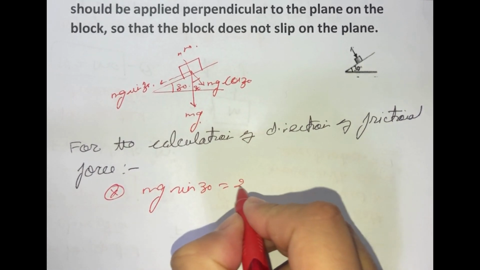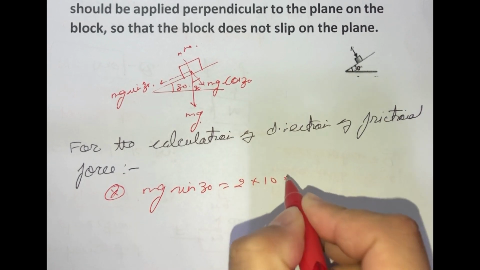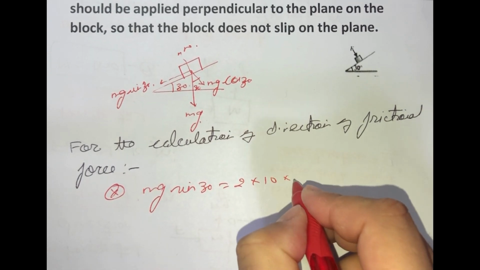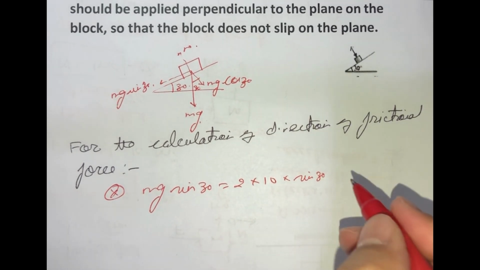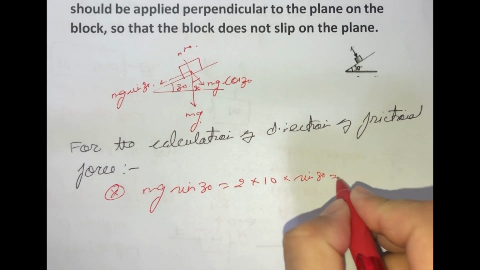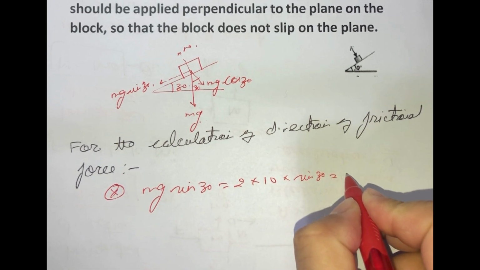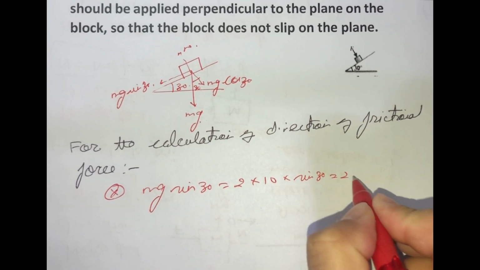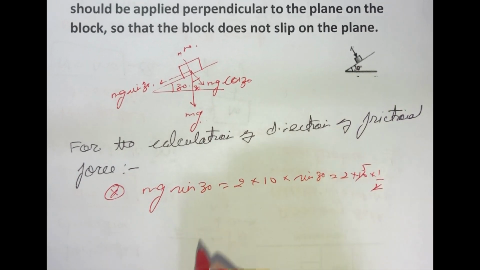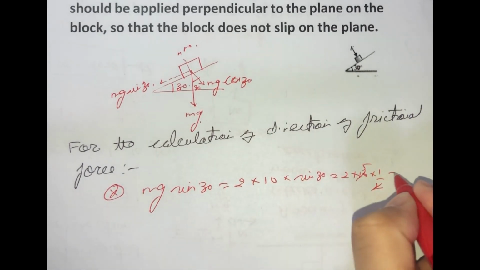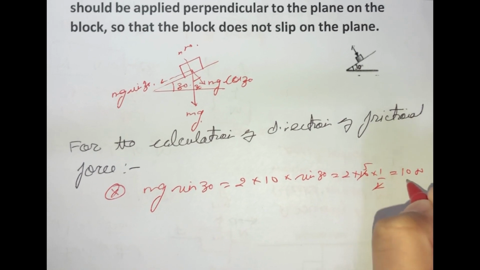Mass is given as 2, g is about 10, and sin of 30 is 1 by 2, so we get 2 into 10 multiplied by 1 by 2, so this comes as 10 Newton.